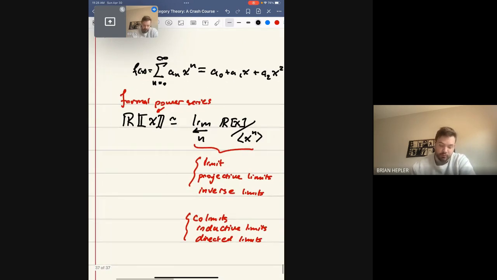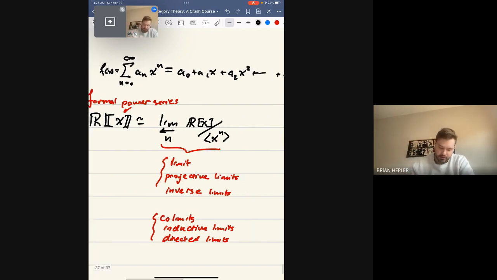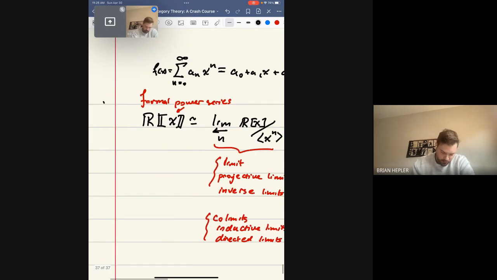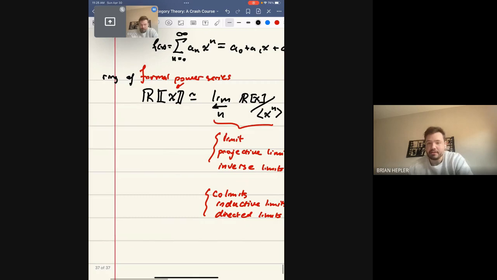Formality here, or formal power series, just means that we consider this as a sum where we don't worry about any kind of convergence. We just take on faith that the infinite sum is a well-defined thing. You can think about this as an actual ring, a ring of formal power series. You can give this thing a topology.